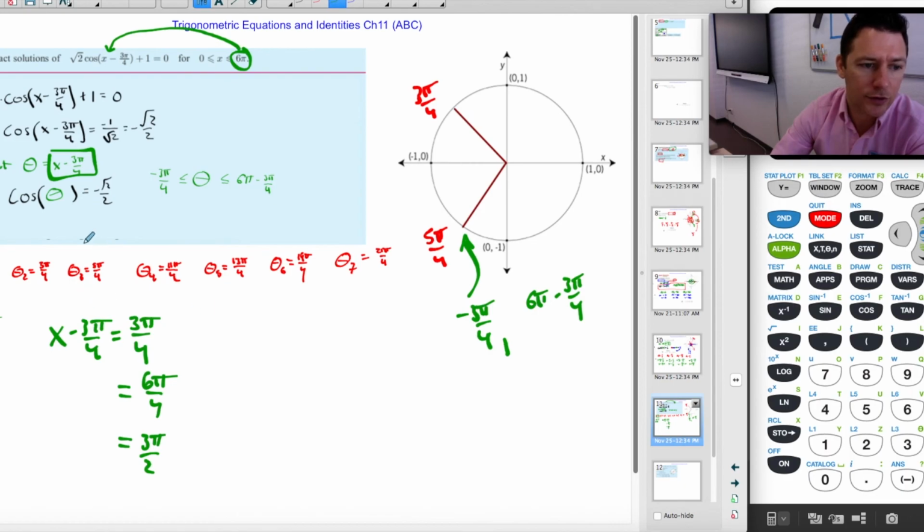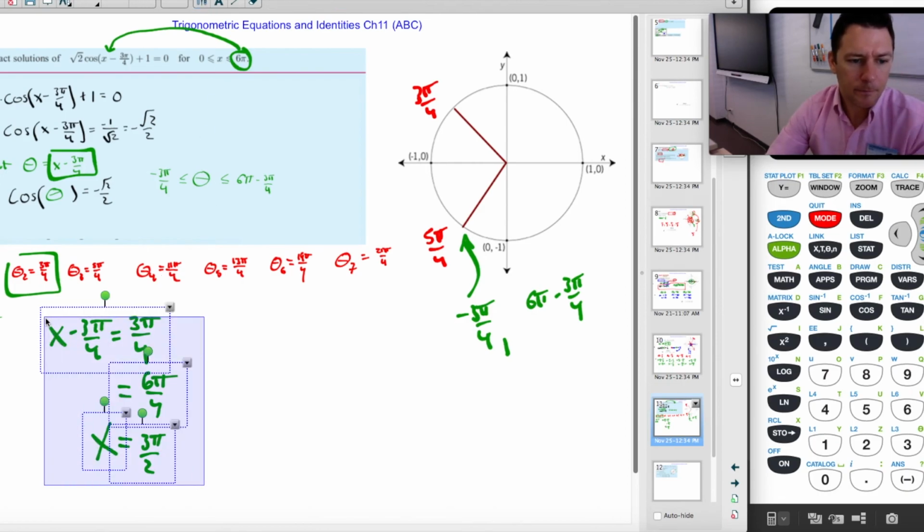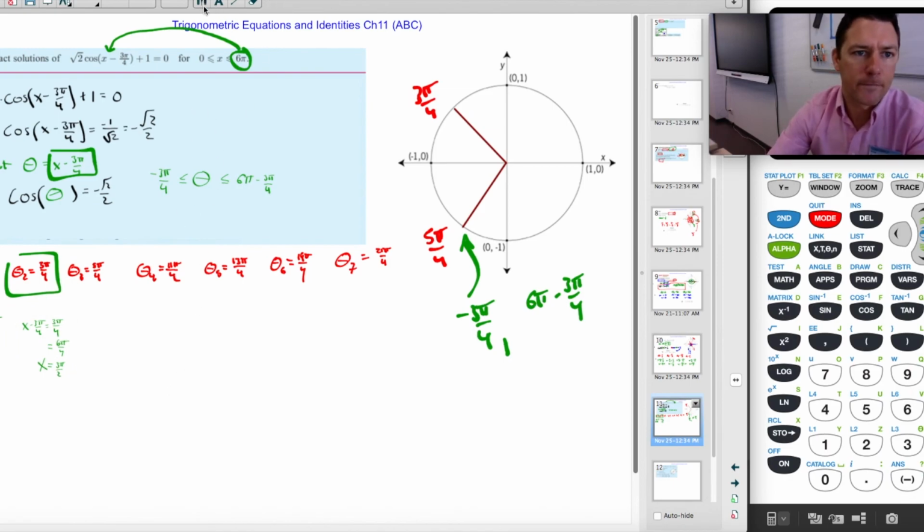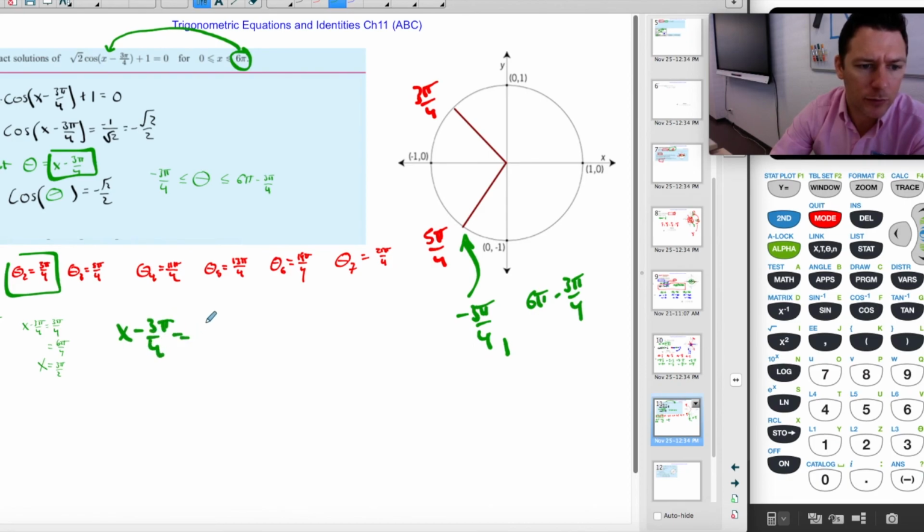And there's your x2 for this one. For this piece, theta 3 is 5 pi fourths. So x minus 3 pi fourths should equal 5 pi fourths. Add 3 pi fourths to both sides, and you get 8 pi fourths, otherwise known as 2 pi. So there's your other x value.